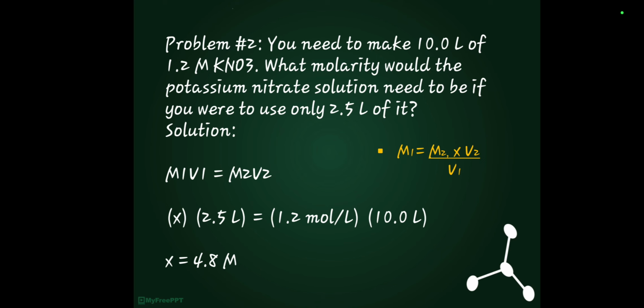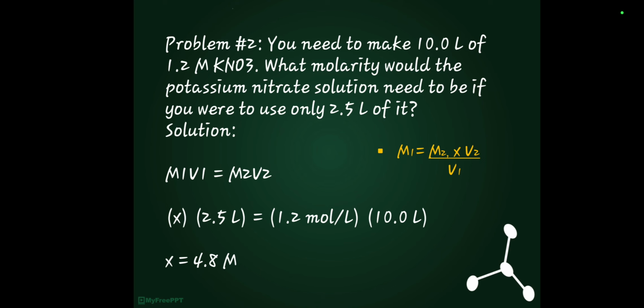So now, let's multiply first the molarity 2 times volume 2. The given for molarity 2 is 1.2 mole per liter multiplied by 10.0 liters, which is the given for volume 2. So the answer would be 12. Let's divide it by volume 1, which is 2.5 liters.